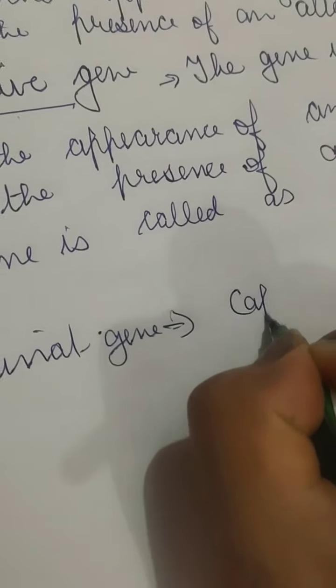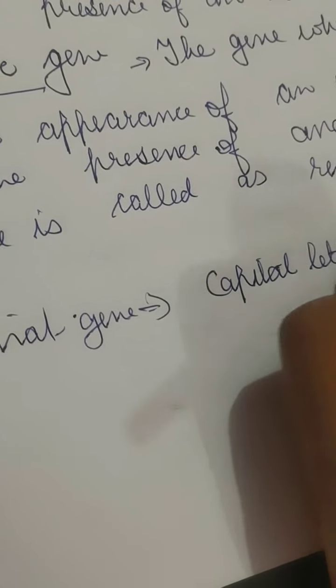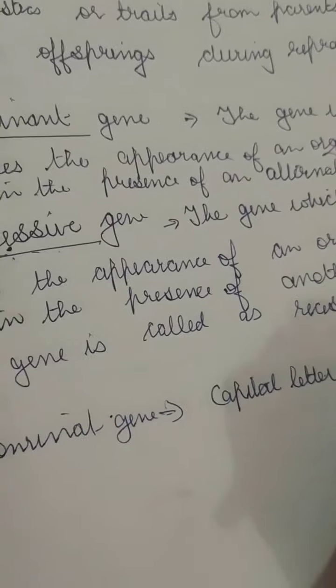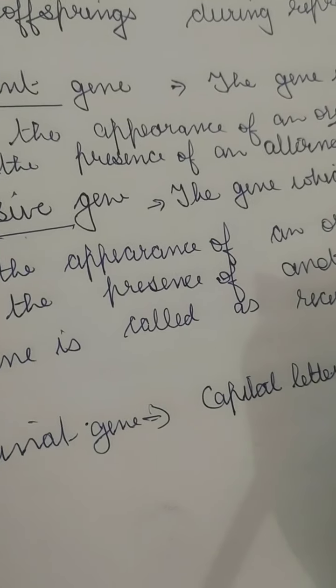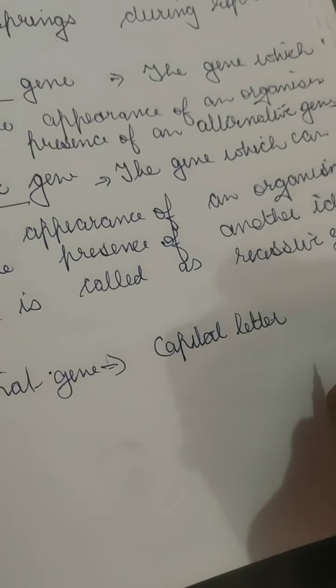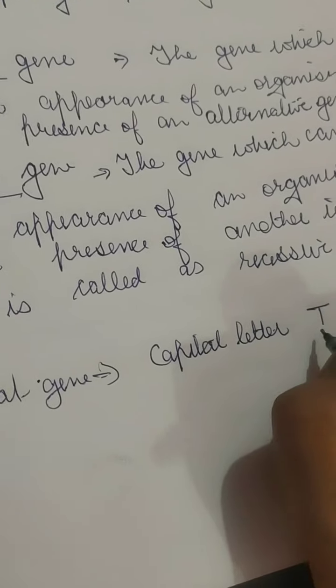If we are talking about a pea plant, because in this chapter we will be reading about Mendel's experiment, which was on the pea plant, the capital letter is written as T.